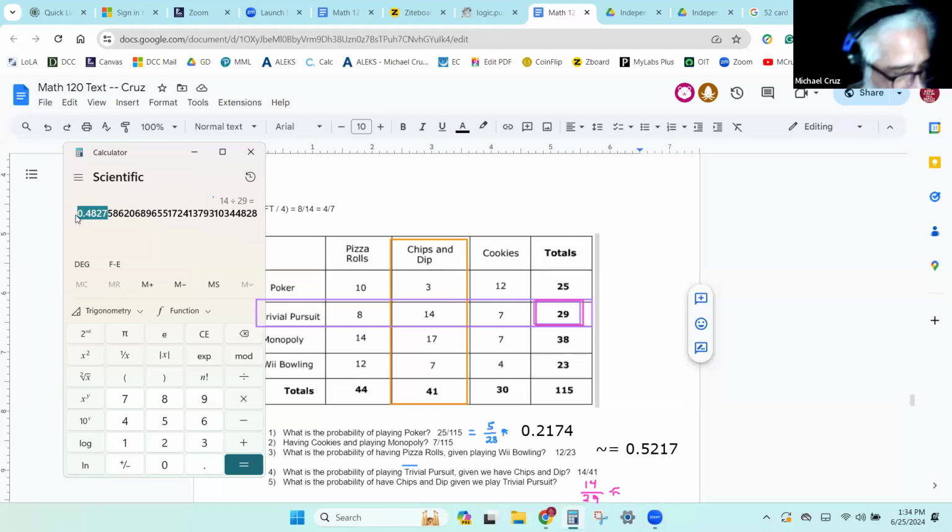So that's going to be an 8, because right to the right of the 7 is a 5. That means round up, and there we go.